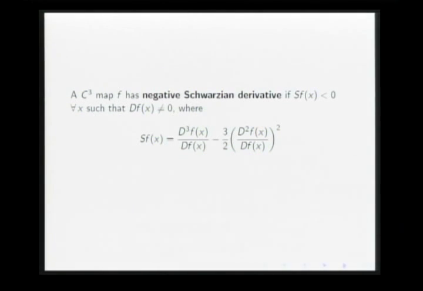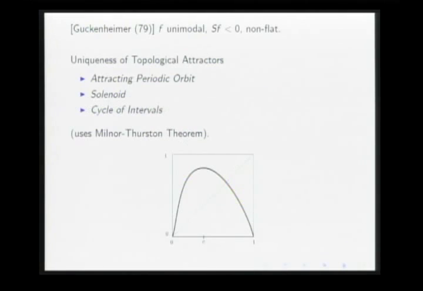It's defined like this, and we'll take maps where this is less than 0. So we are going to try to describe the topological attractors that can occur for Lorenz maps.